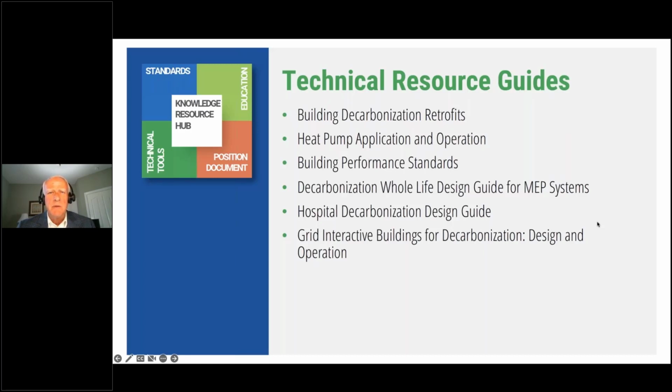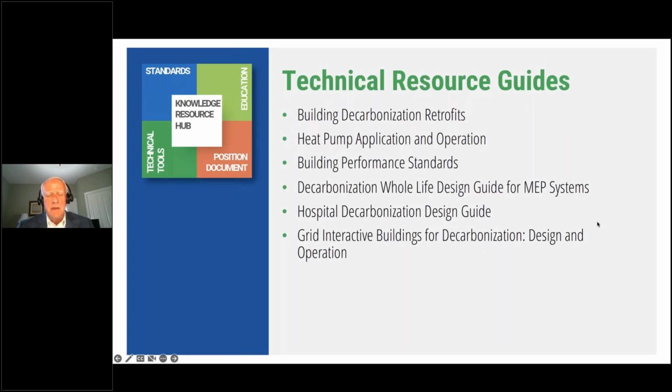A couple of those are being presented at the Society meeting coming up within the next month. We've talked about some of the existing standards and this key standard that is being developed. And then also the Society is developing a number of technical tools, and we will be calling these technical resource guides.